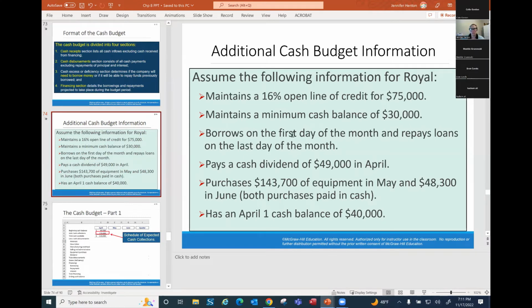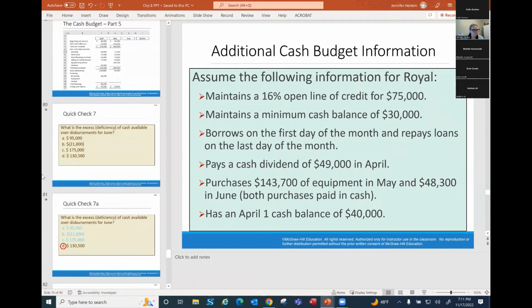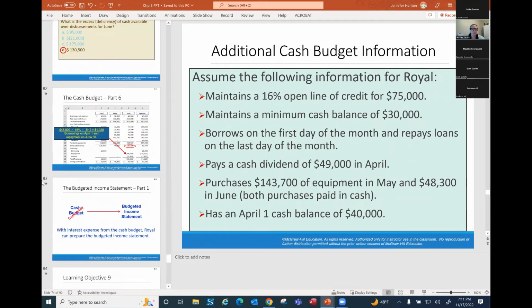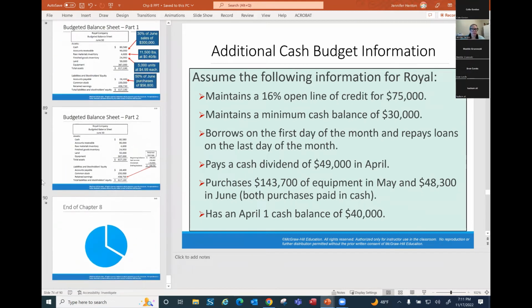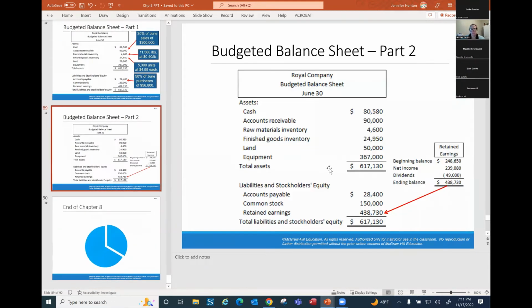You got to remember to deduct the cash dividend. And then you get the 438,730. So that's the calculation that's done on this last slide here, down here at the bottom. So beginning retained earnings plus that income less dividends is going to give me my ending retained earnings.